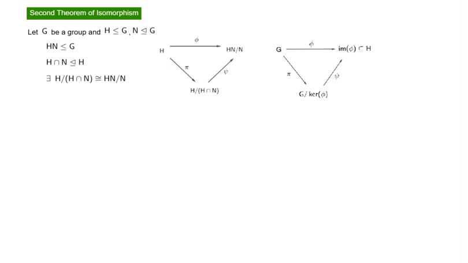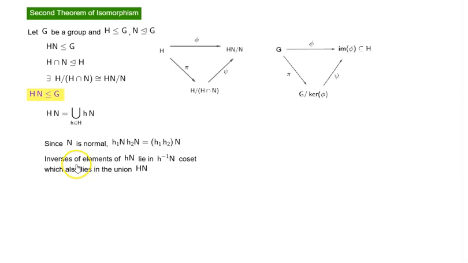So let's take it step by step. Let's start off with HN being a subgroup of G. We have to show that. So HN is the union of all cosets hN, where h is in H. Since N is normal, h1N h2N is equal to h1h2N.